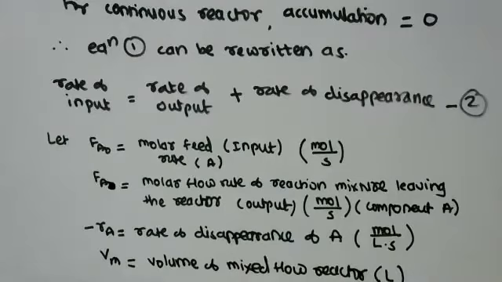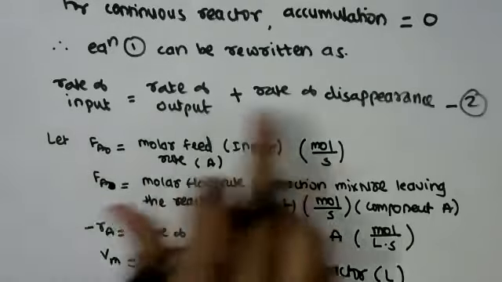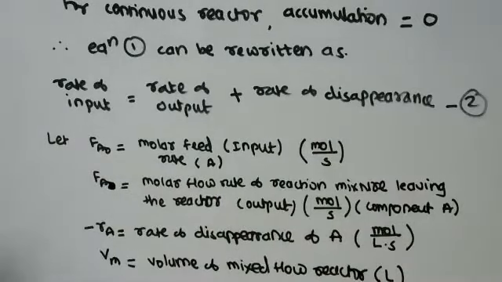So in equation 1, we substituted rate of accumulation equal to 0. Then what we got is equation 2. Thereafter, we have defined the terms which represent the molar feed rate of A, the molar flow rate output of A, the rate of disappearance of A, and the volume of the mixed flow reactor, with the unit liter.